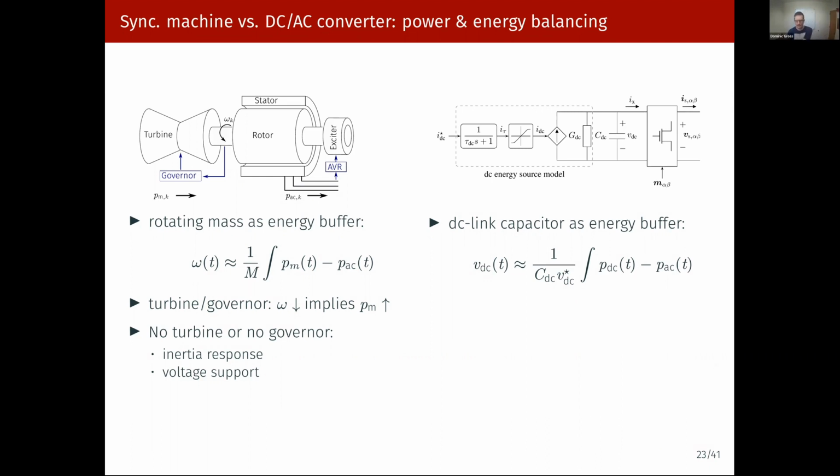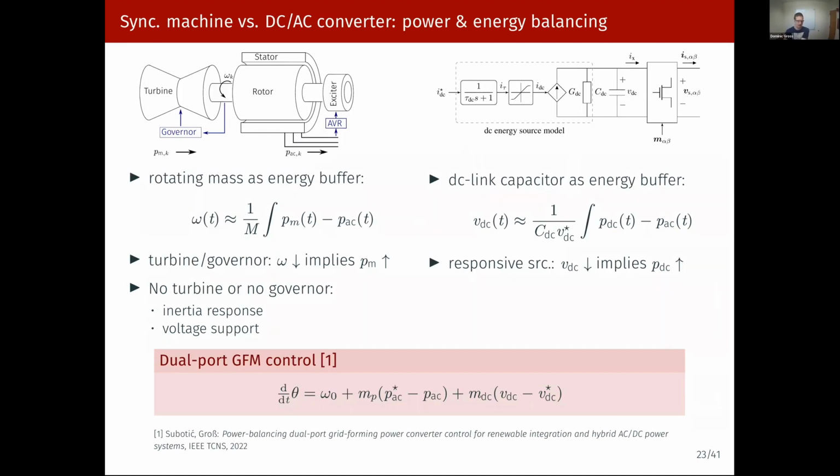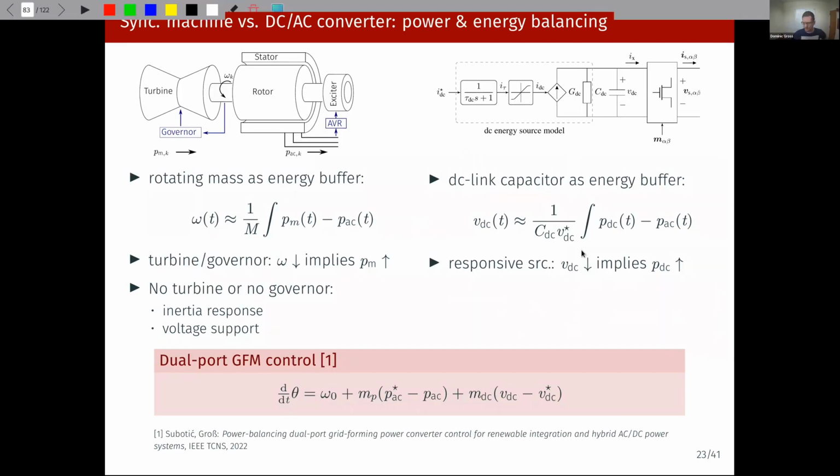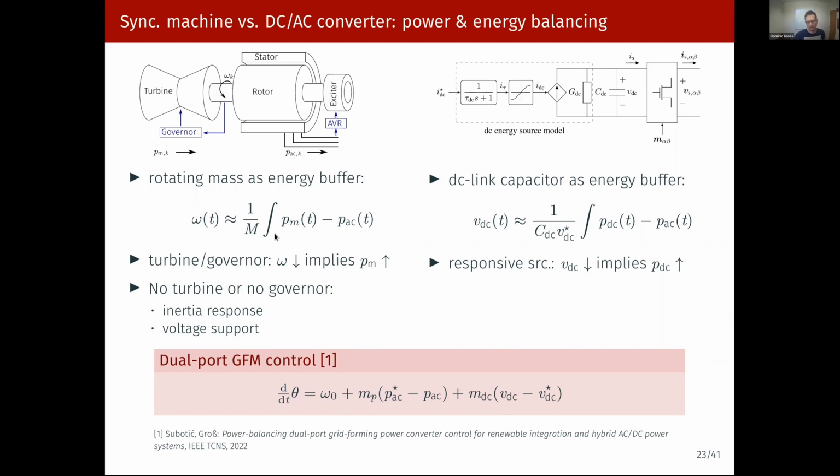And based on this, you can have the analog to a machine where you say, oh, if the DC voltage goes down, then we draw down the frequency with a certain gain that would entice the DC source to give an increased response. And we will see in a moment that, for instance, PV and wind turbines exactly do this.